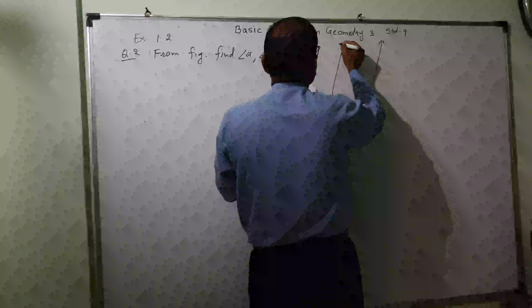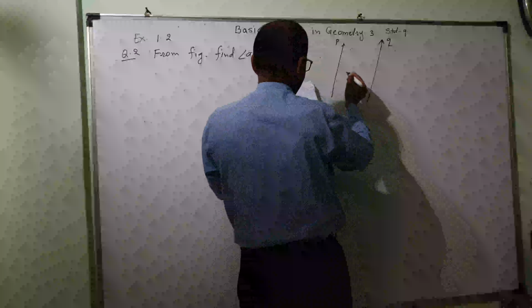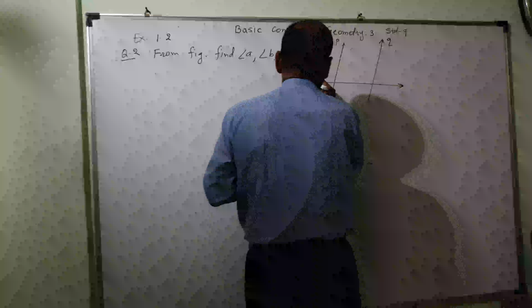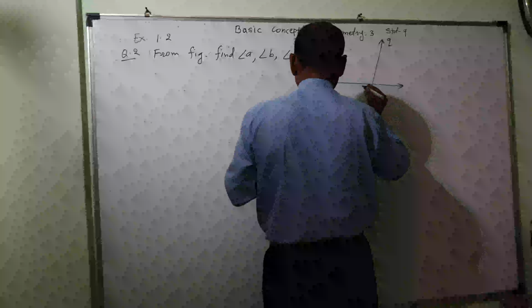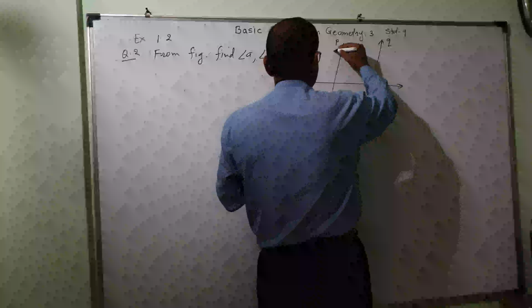This line is P, this line is Q, this is one transversal, and this is another transversal.